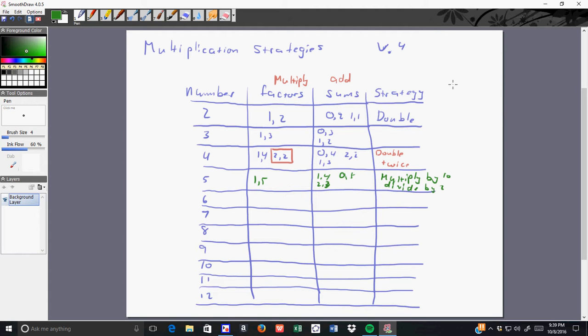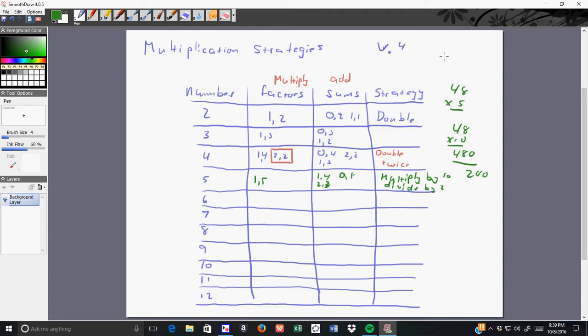So if you had 48 times 5, you might say, oh, I have no idea what 48 times 5 is. But you probably know that 48 times 10 is 480. If you divide 480 by 2, you would get 240. And take a wild guess as to what 48 times 5 is. It is, in fact, 240.